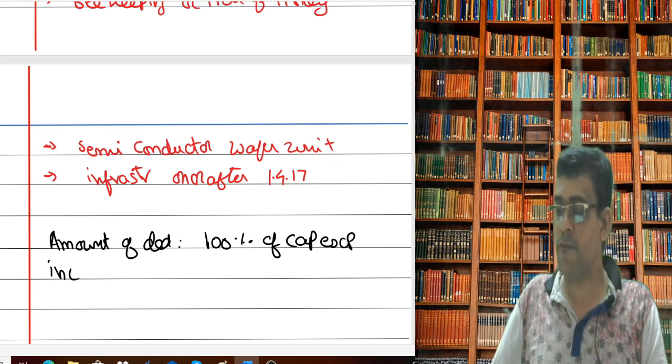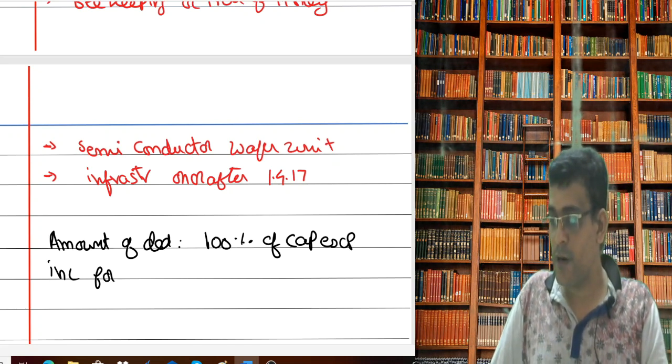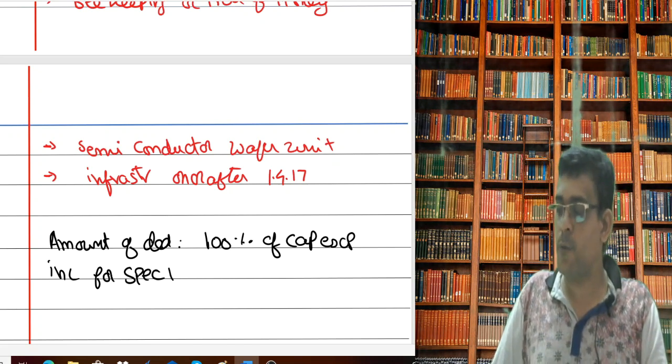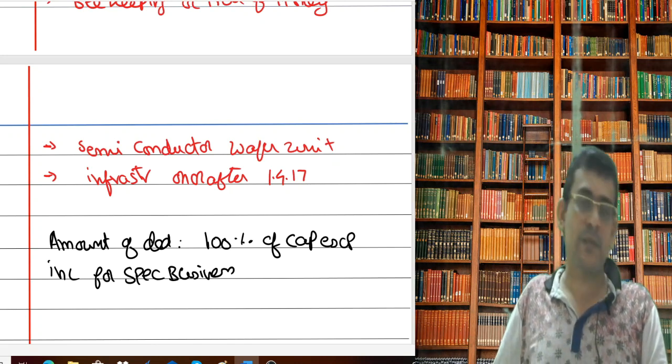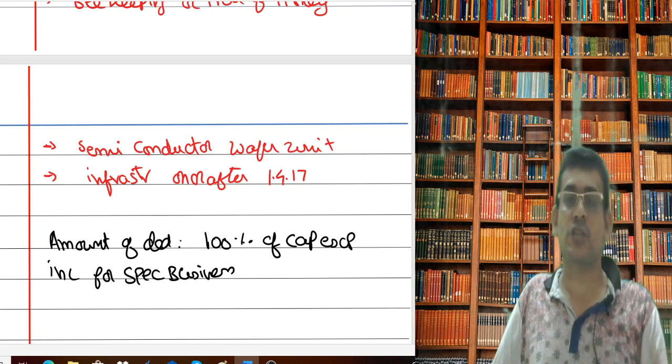So 100% of capital expenditure incurred for the specified business is allowed as deduction. Now we are in a comfortable position to understand the specified business.